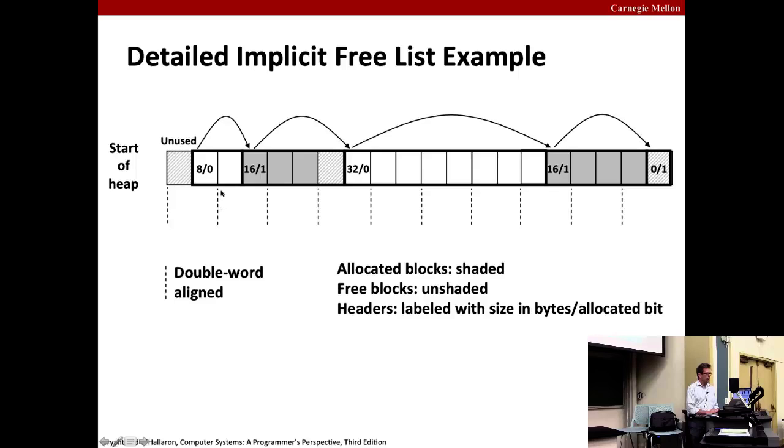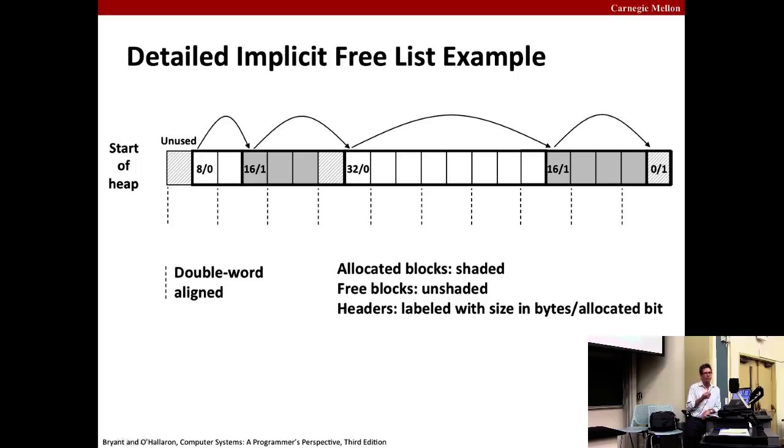And then the next block, and here we're indicating a free block, consists of 8 bytes. And then that's followed by an allocated block, the one here, of 16 bytes, or four words. And now the payload is only 2 words, so we have to pad all of our blocks, because we're assuming that they're aligned on 8-byte boundaries.